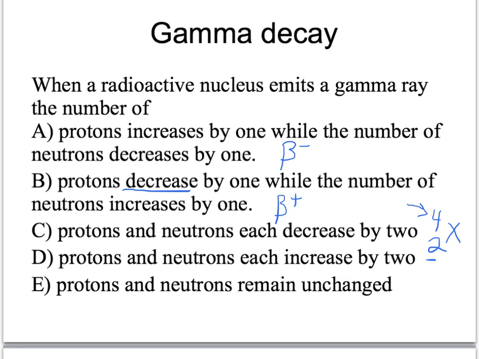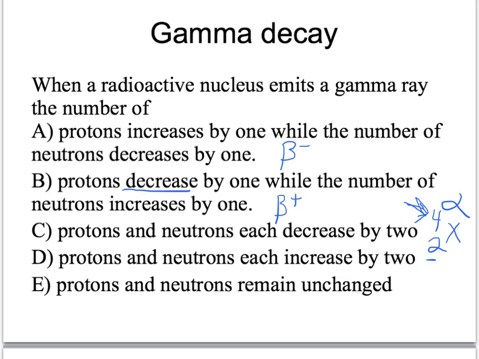And if you've lost a helium nucleus, that is alpha decay. D. Protons and neutrons each increase by 2. Now this actually can happen, but it's not a type of decay. That would mean something else's alpha decay hit you, and you gained those things. It's called nuclear fusion, and something that we haven't been able to successfully create in a laboratory experiment, but we know it could happen.